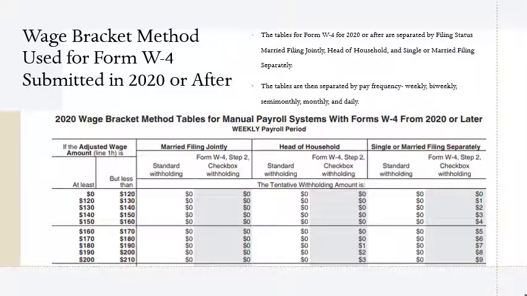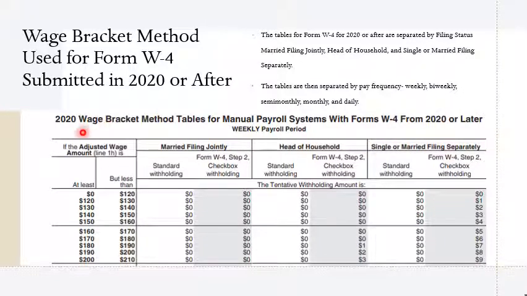And here is a snapshot of the 2020 wage bracket that you would use for manual payroll systems, because the wage bracket method is only used for manual payroll systems. This particular snapshot is for Form W-4 for 2020 or later. As you can see here, here are the sections of married filing jointly, head of household, or single or married filing separately.